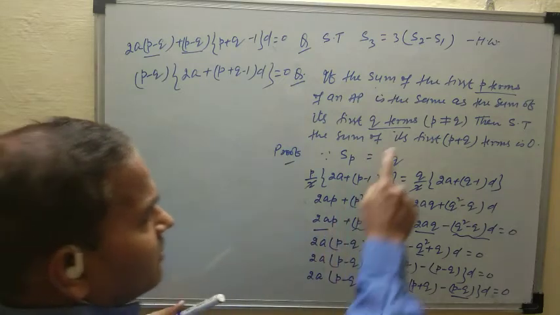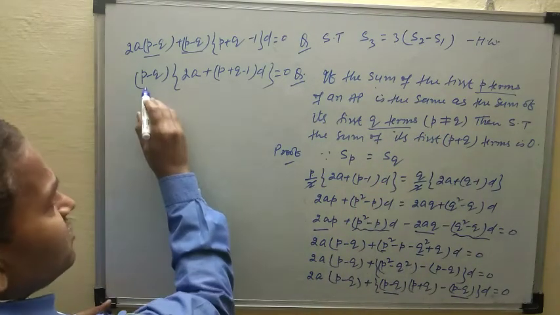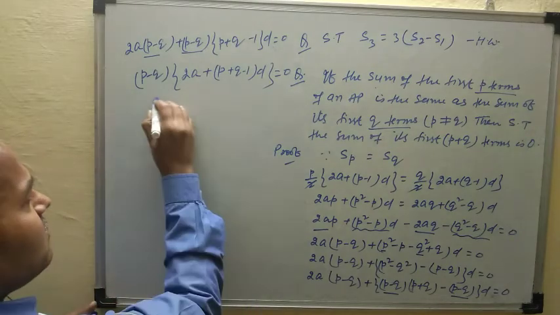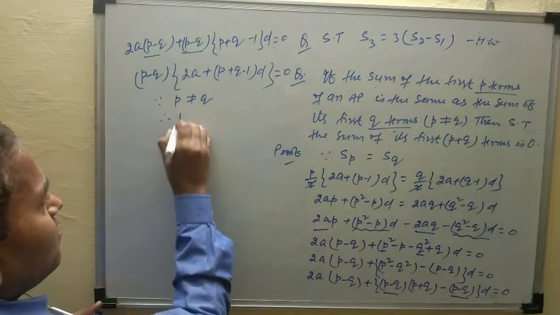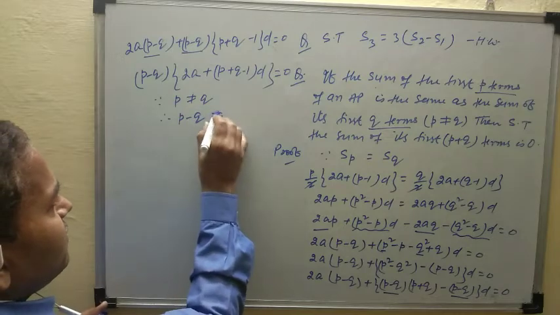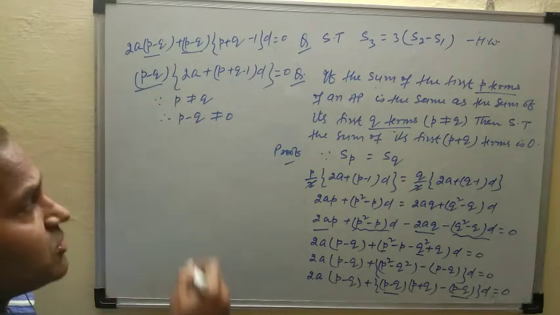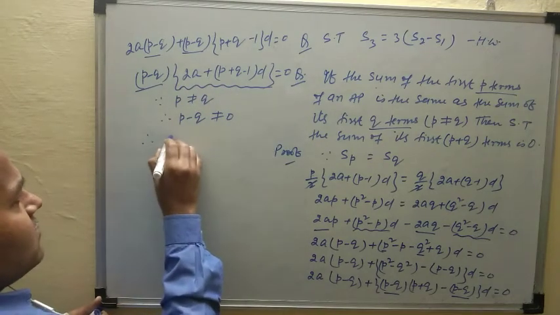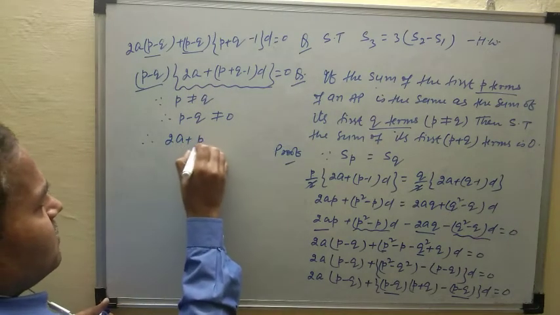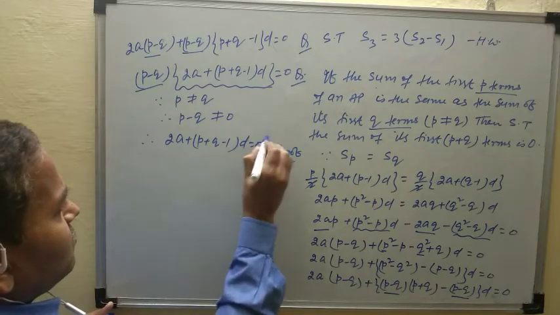Taking p minus q common, the remaining term is 2a plus p plus q minus 1 into d is equal to 0. In the question given, p is not equal to q, so p minus q is not equal to 0. Since p is not equal to q, its difference is not equal to 0. So this factor is not equal to 0, therefore the second factor will be 0. So 2a plus p plus q minus 1 into d is equal to 0.